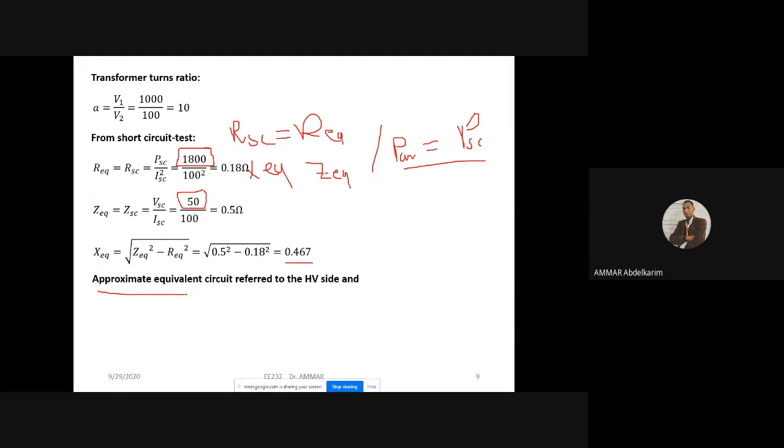When we move the parallel branch to the input, this is the circuit. So we have X equivalent, we have R equivalent. Since it's referred to the secondary, this is the voltage of the secondary, V2, while the voltage of the primary, V1, will be divided over A.